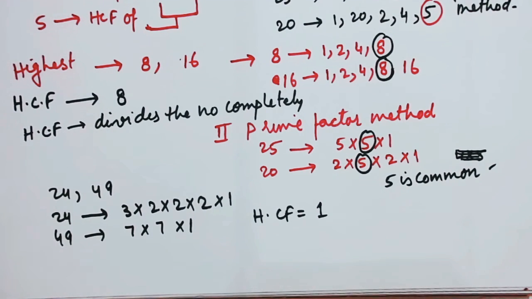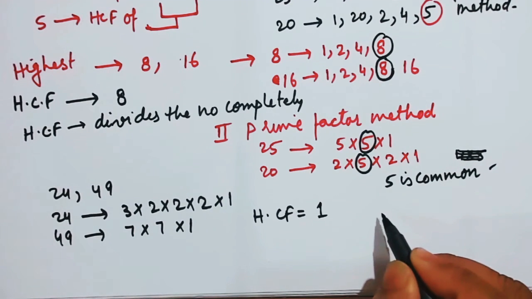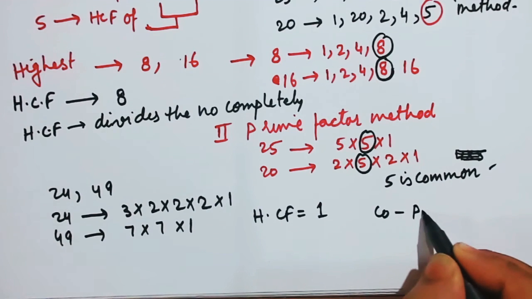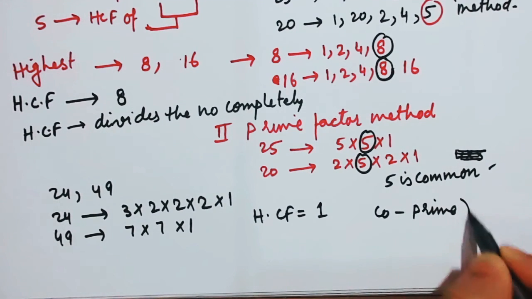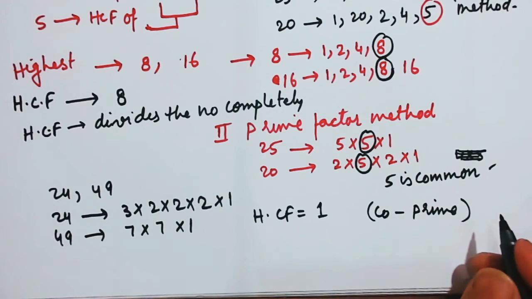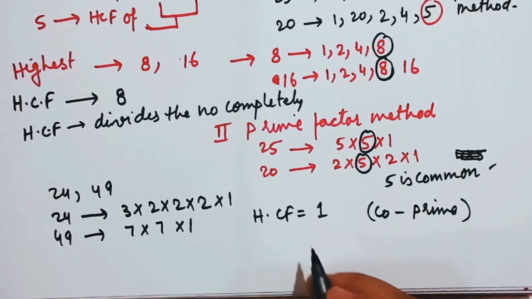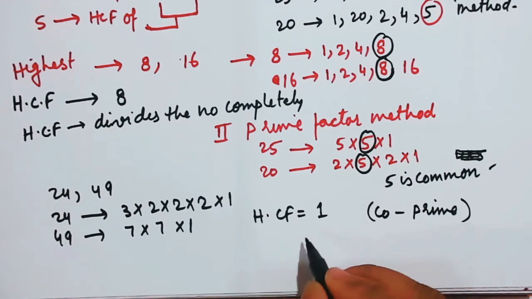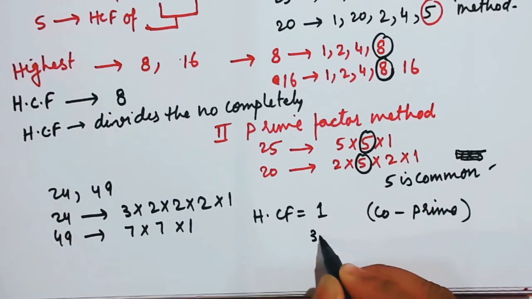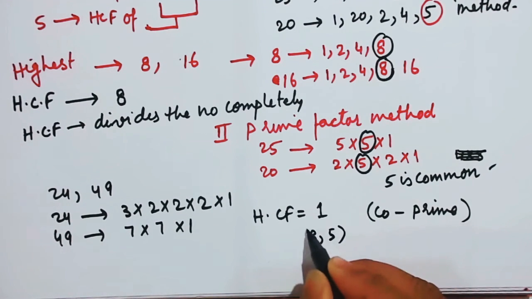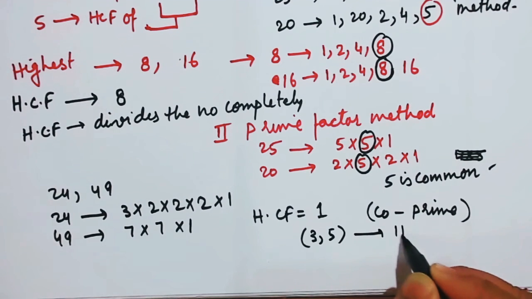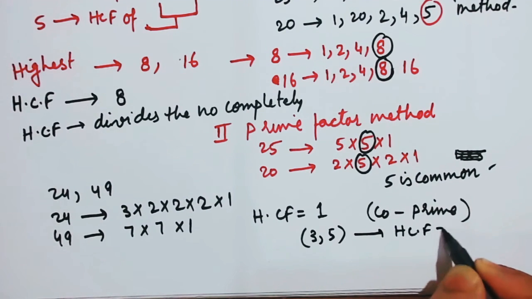So when two co-prime numbers are given, here a new word has come, co-prime. What do you mean by co-prime numbers? Co-prime numbers are such numbers whose HCF is 1. For example, let us take 3 and 5. These are co-prime numbers. Why? Because their HCF is equal to 1.